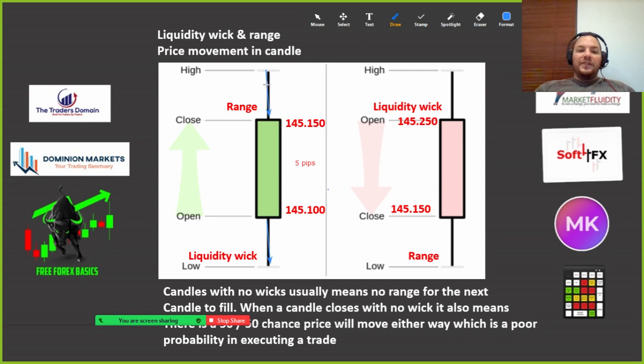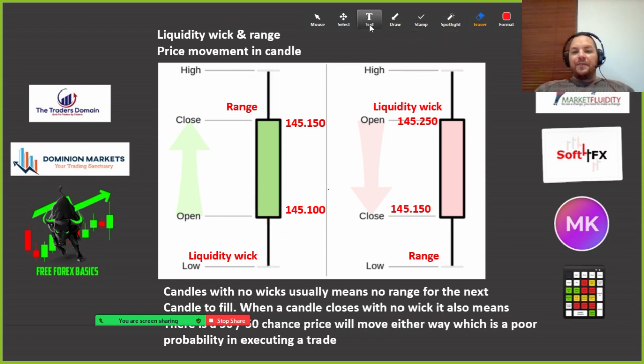Let's call it 2 pips here, a 2 pip movement, same size here, 2 pips. So 5 plus 2 is 7, plus 2 is 9. 9 pips in total. 5, 6, 7, 8, 9 pips in total, and the body of the candle was 5 pips because we created a high and we created a low. Pretty simple, guys. Very cool.